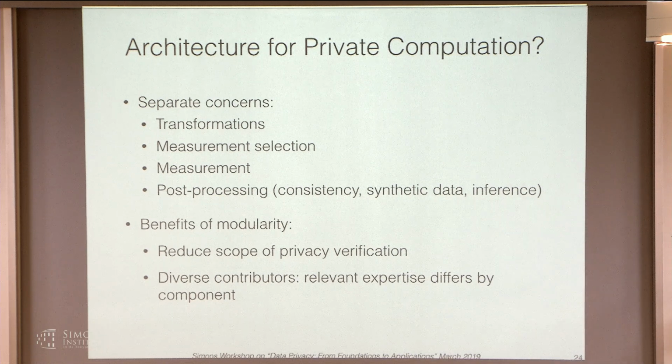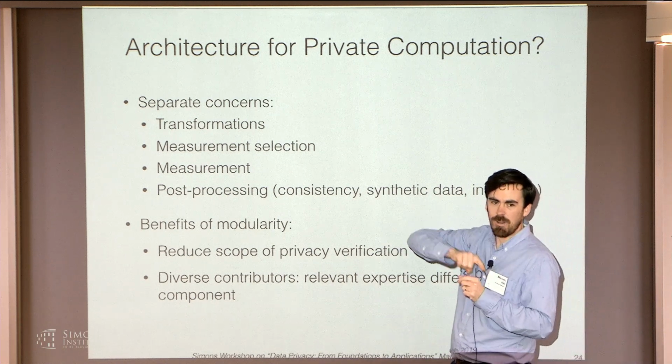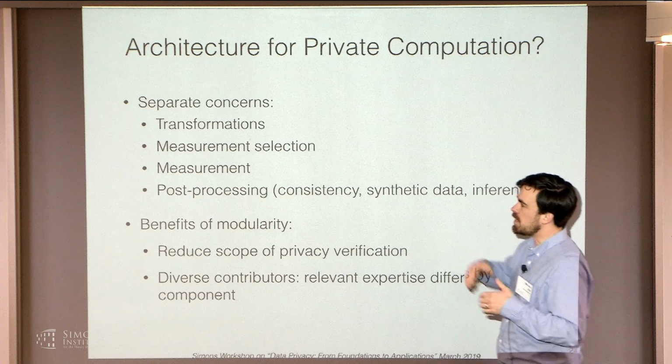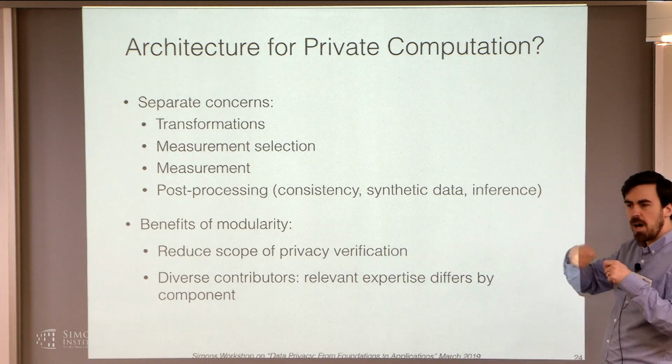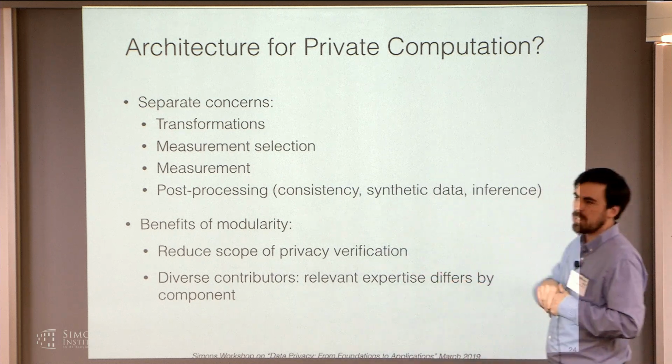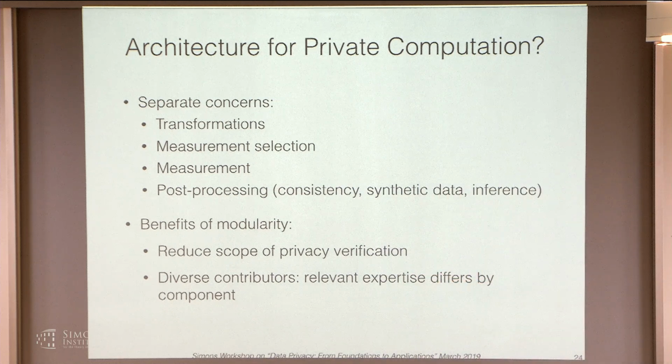For transformations, there's a lot of work in the database community on provenance and information flow, and in other communities, that is separate from privacy, and you don't necessarily need to be an expert in privacy to reason about how one tuple in an input could propagate to changes later on. And of course, the great work by some of the folks who presented on automating proofs of privacy could be very valuable in certain components of this workflow.